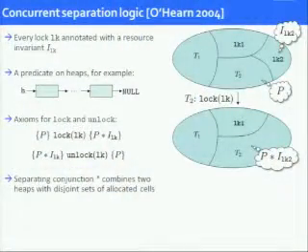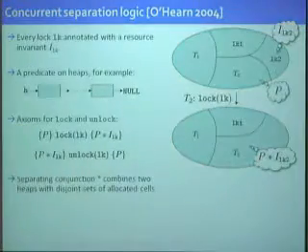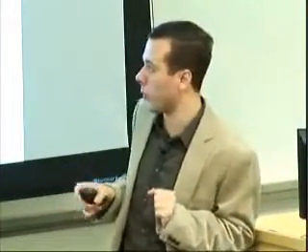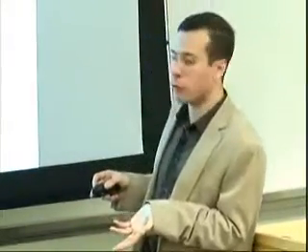So the shared part protected by the lock gets conjoined to its local state, and now the local state of the heap becomes P combined with the resource invariant for this lock. This is done using this star connective called separating conjunction. What it does is it combines two heaps with disjoint sets of allocated cells in them. So when I acquire a lock, I get the ownership of the shared state.